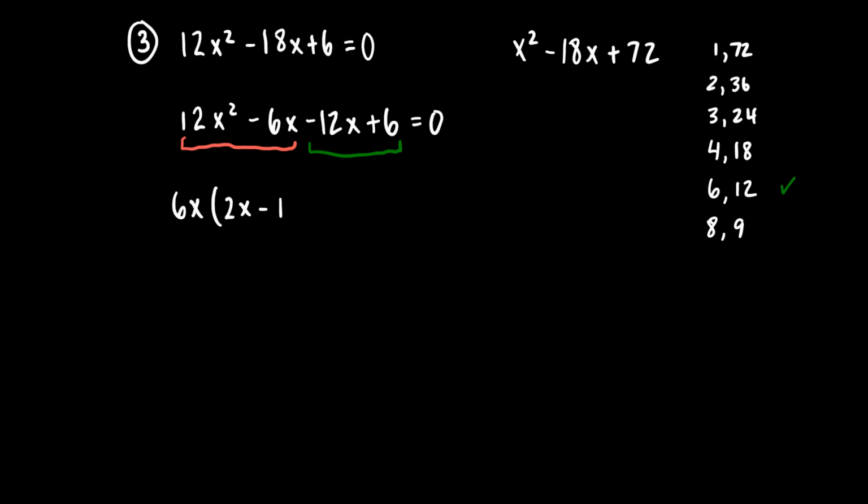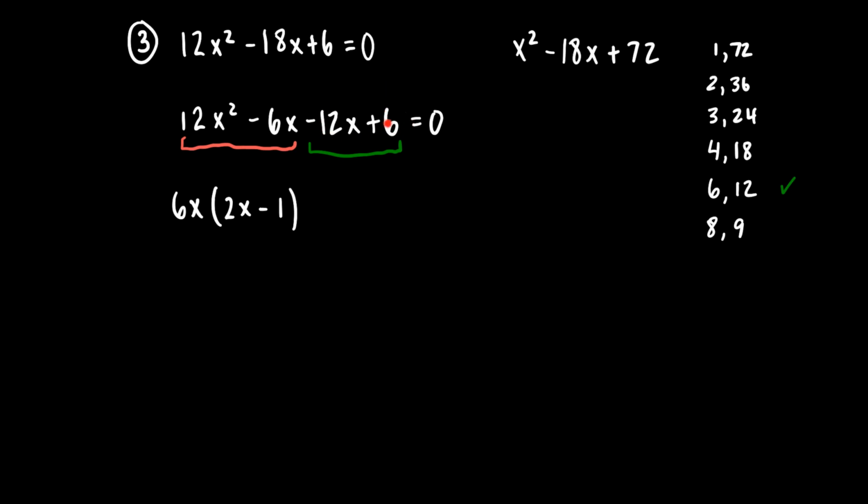You would just have 1. And again, if you're not confident that you did it right, multiply these out. If you did, you'd get 12x squared minus 6x, which is exactly what we started with. So we're good.